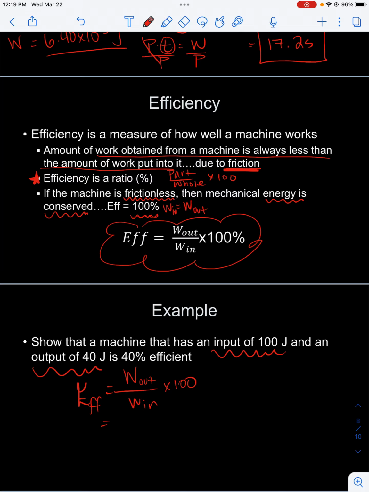So we have work out that was 40 joules over work in that was 100 joules times 100. Well, we know 40 divided by 100 is 0.40, times 100 is going to give us 40%. So this machine is only 40% efficient, which is atrocious. We want as close to 100% as possible.